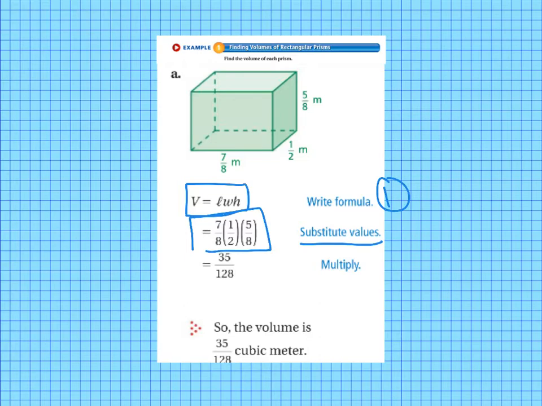So 7 times 1 times 5 equals 35, and 8 times 2 times 8 equals 128. So step one was write the formula. Step two, substitute the values. Step three, multiply. So the volume for this rectangular prism is 35/128 cubic meters.